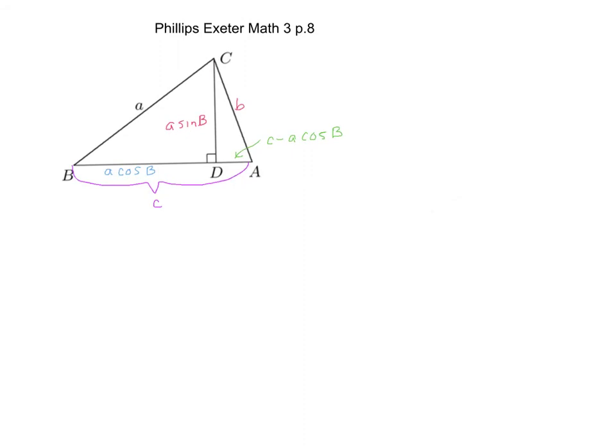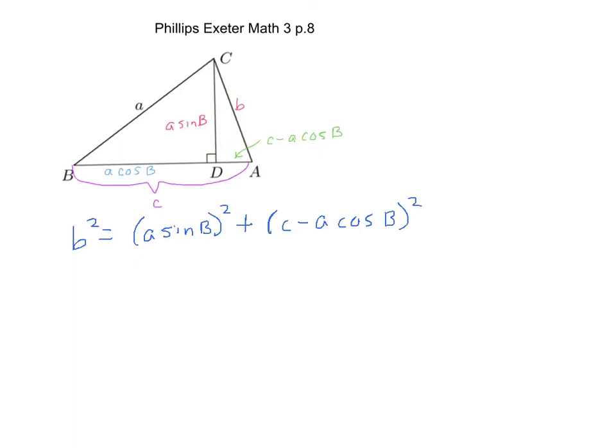Okay, so if I want to find B here, and we just did this a second ago, and I use the Pythagorean theorem, help me out, I would do B squared equals, I'll just do this first though, A sine B squared plus C minus A cosine B squared.